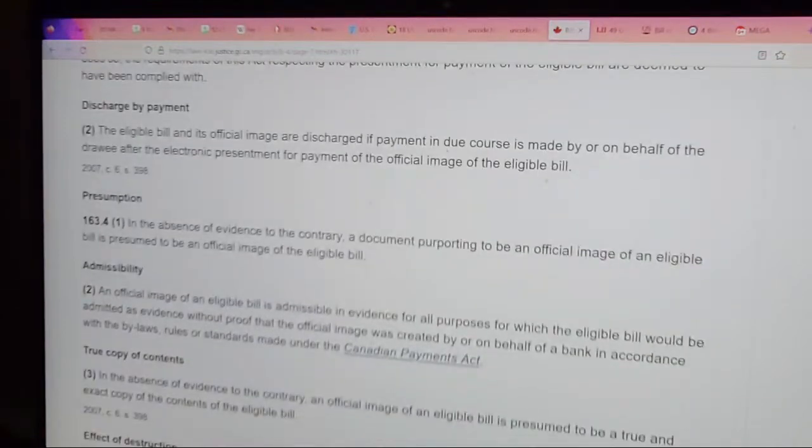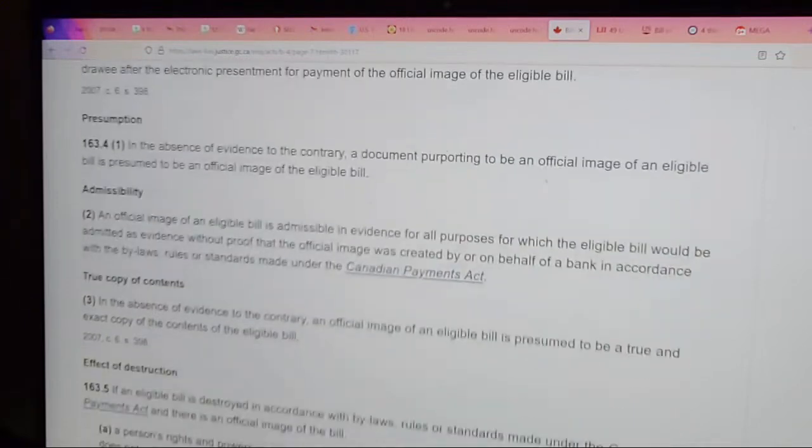Discharged by payment. 2. The eligible bill and its official image are discharged if payment in due course is made by or on behalf of the drawee after the electronic presentment for payment of the official image of the eligible bill.